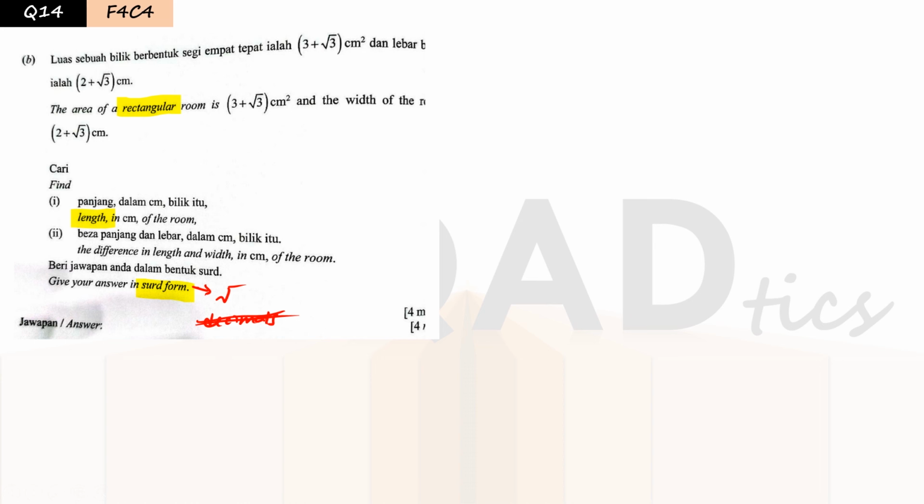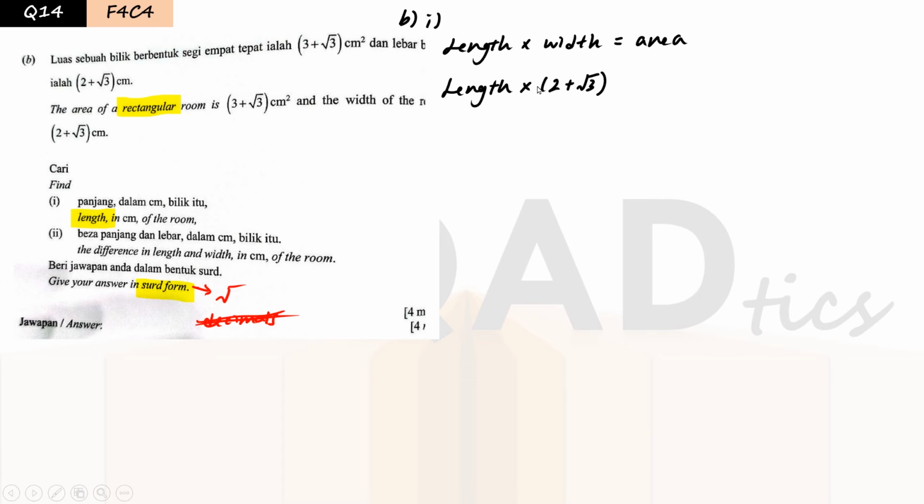We know that if we want to find the area of a rectangle, it is length times the width. So to find out one of the sides, which is the length, why don't we use that formula, which is length times the width equals the area. Now we have the value of the width and the area, so let us plug it into this equation.